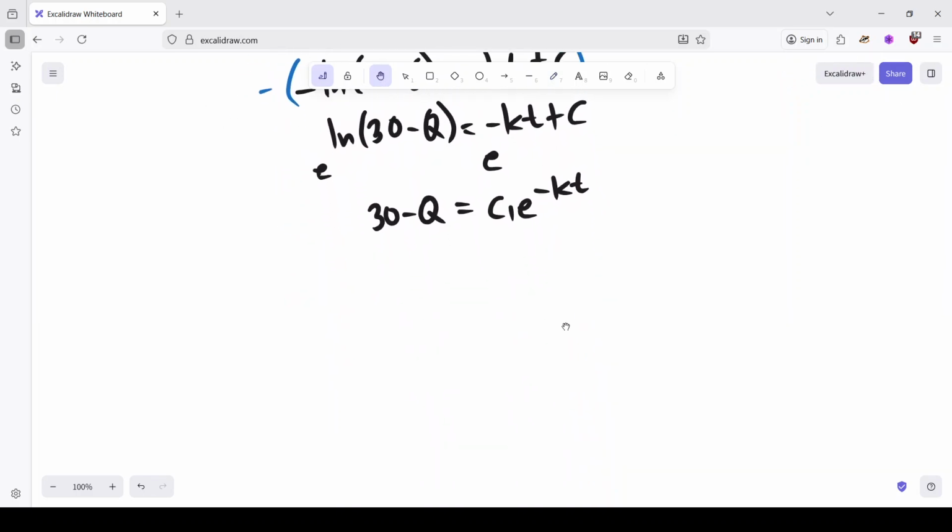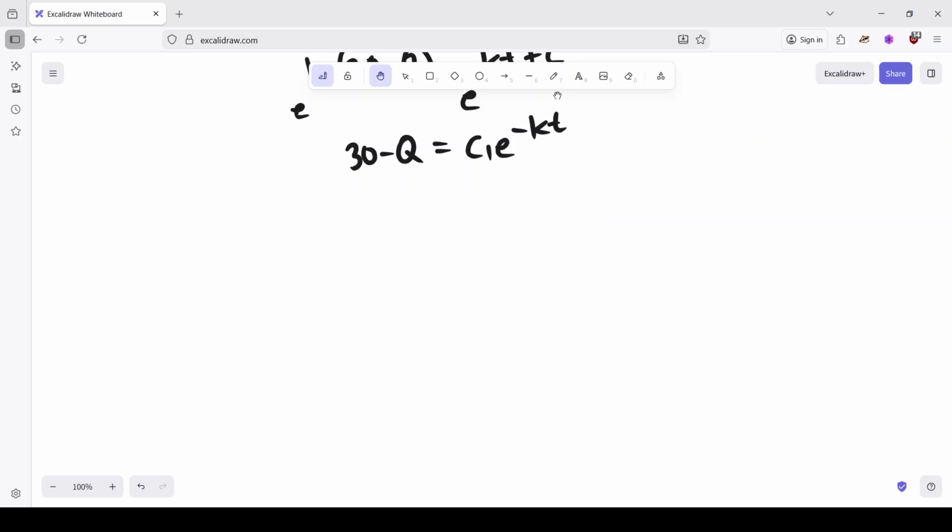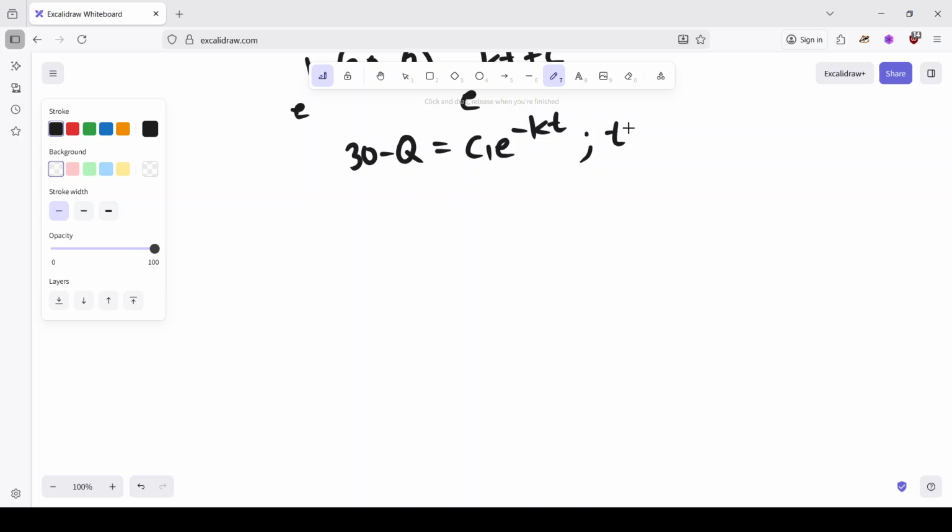Now for the given, first given at time 10, q is equals to 0 degree Fahrenheit. So we can substitute this to our equation. We will have 30 minus 0 is equals to c1 e raised to negative k times 10.